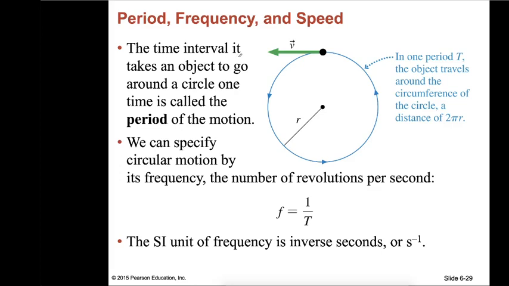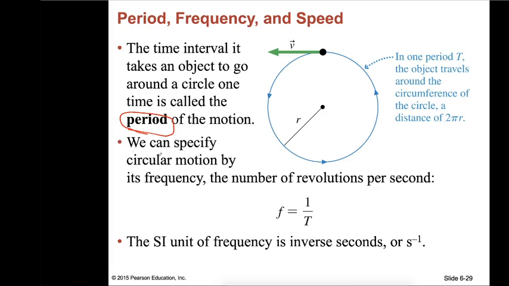The time interval it takes an object to go around a circle once is called the period of the motion. That's pretty straightforward. We don't want to explain it more. From the period of the motion, you can calculate the frequency.